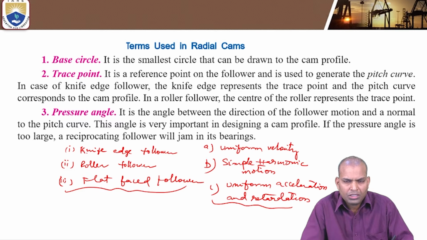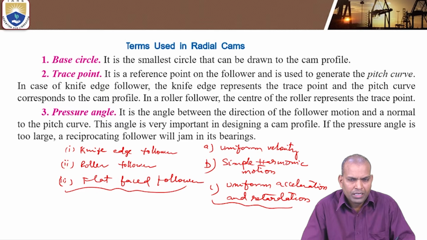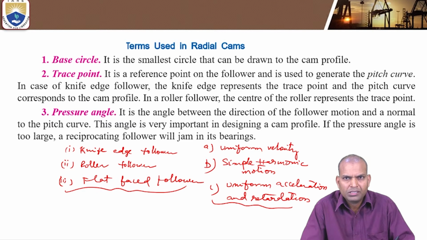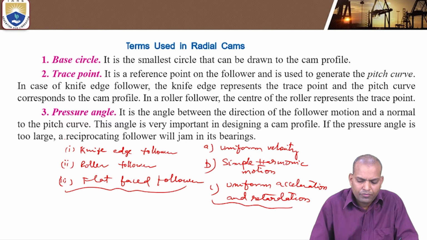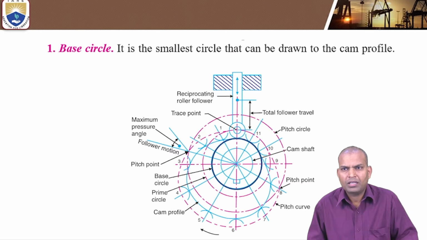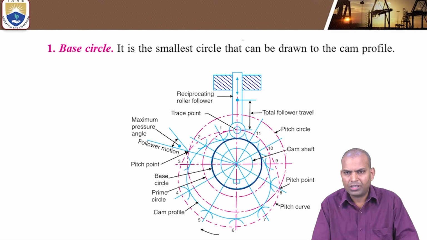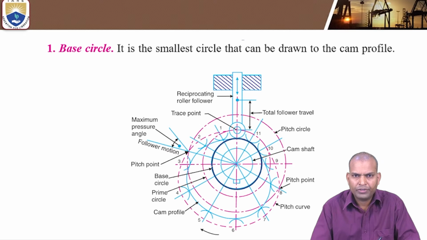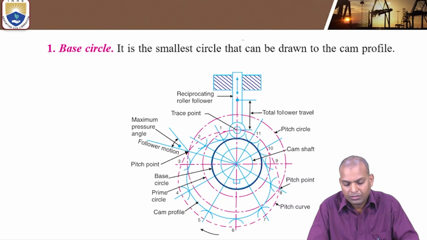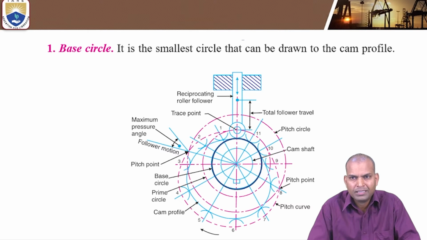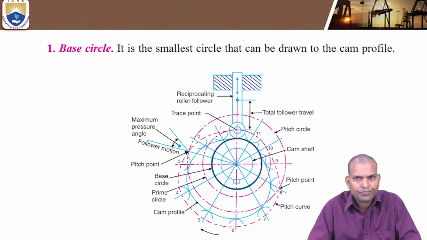In order to draw the shape of a cam, we have to know certain terminologies, which are useful to draw the cam profile. The first term we are going to learn is the base circle. All the terms are included in one picture, but the dominant color indicates the base circle.